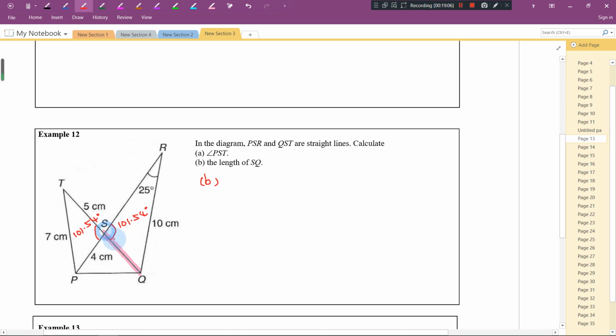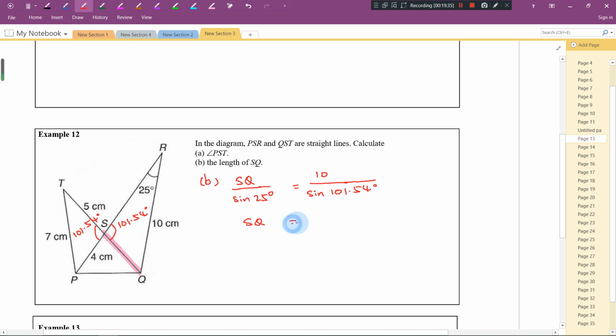Since I want to get the length for SQ, I put SQ on the top. SQ over sine 25 is equal to 10 over sine 101.54 degrees. Let me write again.